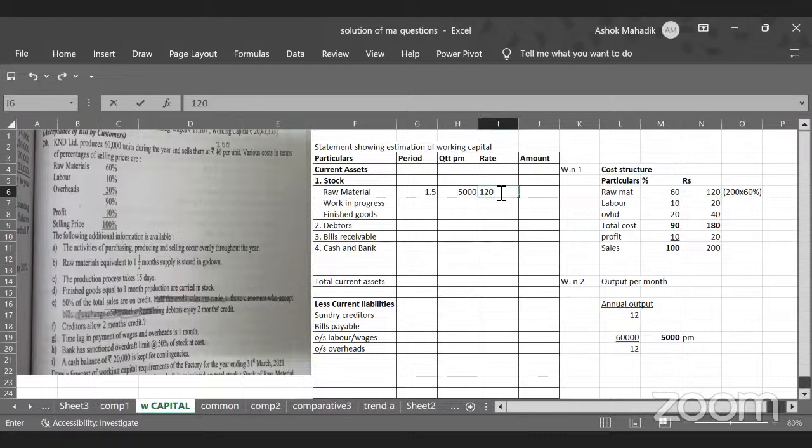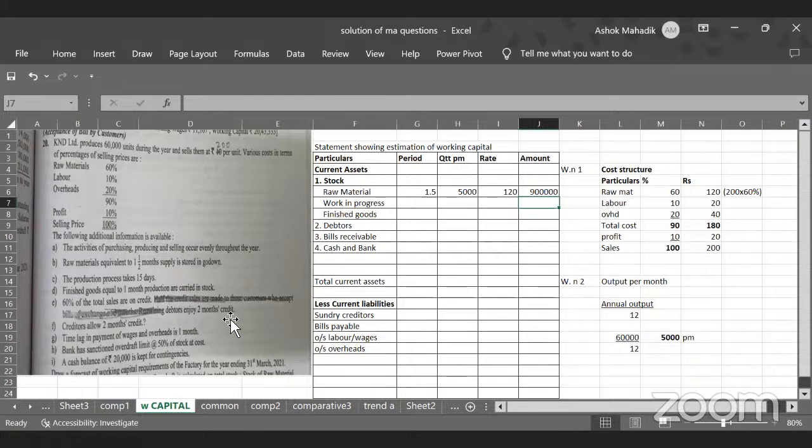Clear? You just multiply these three, you will get the answer in amount form. 1.5 into 5,000 into 120. This way you have to estimate the amount required for each and every item of current assets and current liabilities. Full 20 marks in your pocket. Very simple.